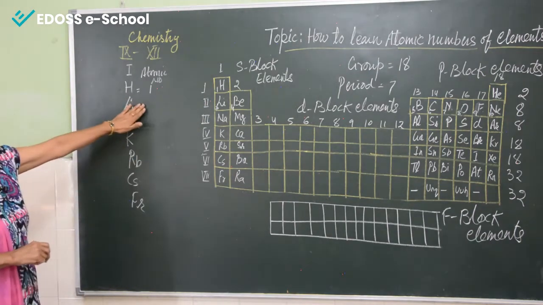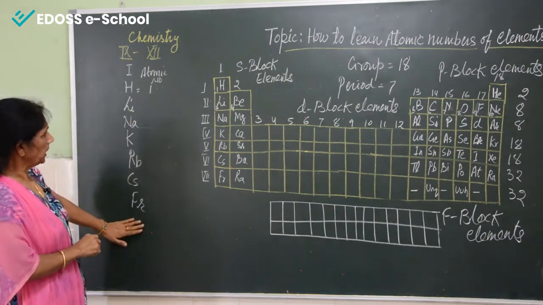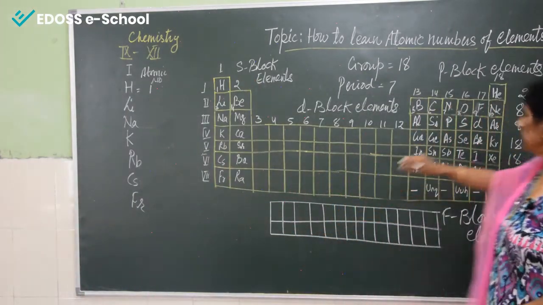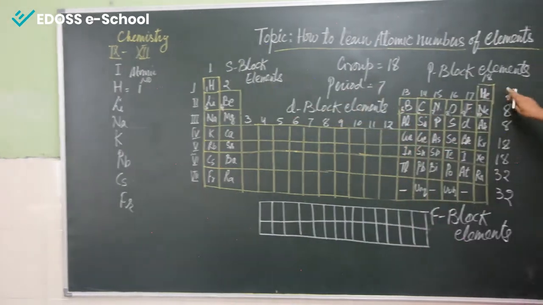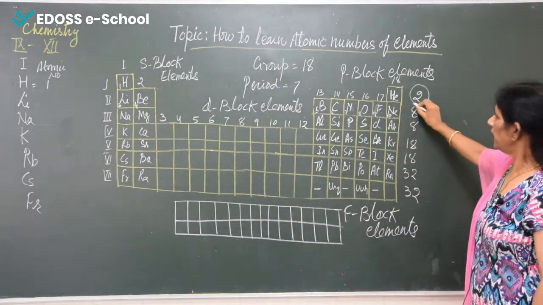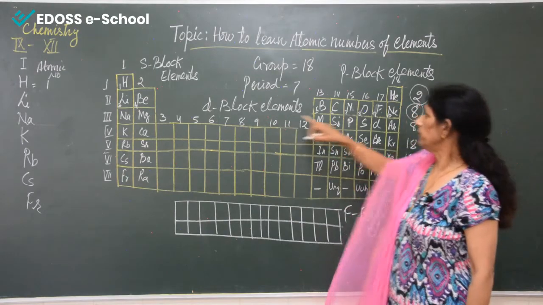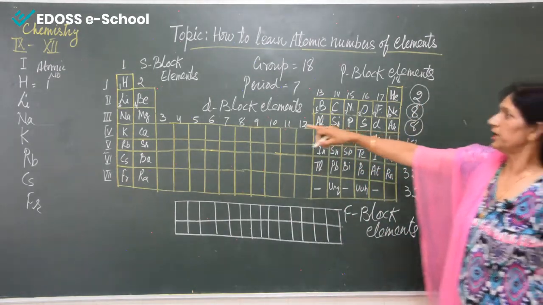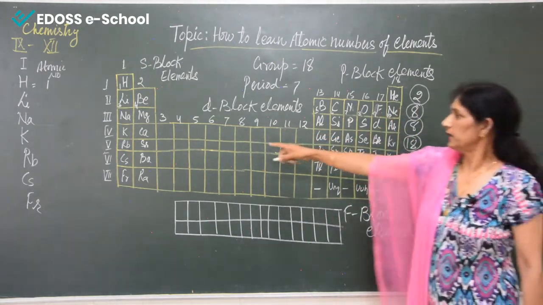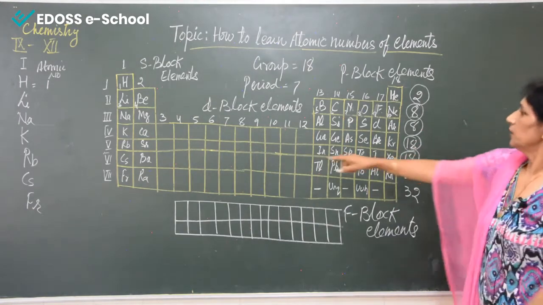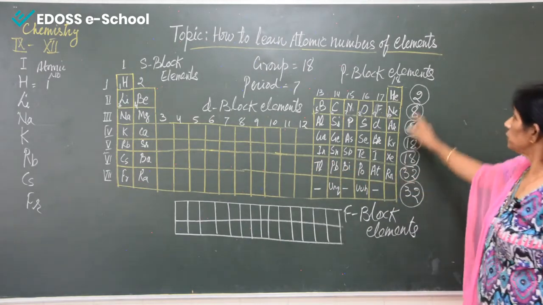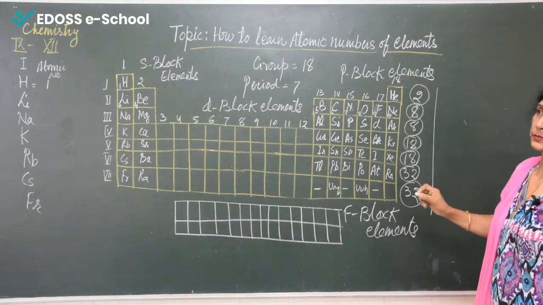Remember one more thing that you have to learn: in the first period there are 2 elements, in the second period 8 elements, in the third period 8 elements, in the fourth period 18 elements, in the fifth period also 18 elements, in the sixth period 32 elements, and in the seventh period also 32 elements. So these numbers are very important to us.